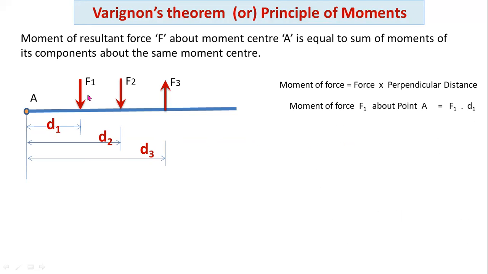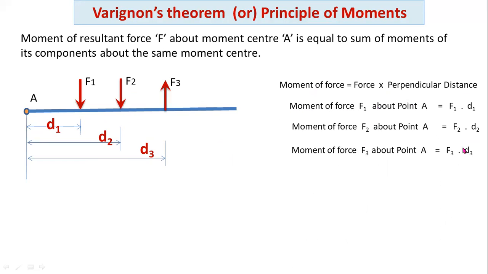The moment of force F1 about point A is equal to F1 into D1. Similarly, the moment of force F2 is equal to F2 into distance D2. The moment of force is equal to force into perpendicular distance. Now, the moment of force F3 about point A is equal to force F3 into distance D3.